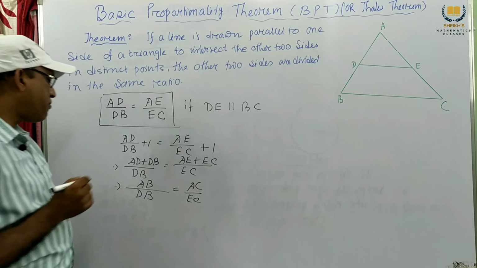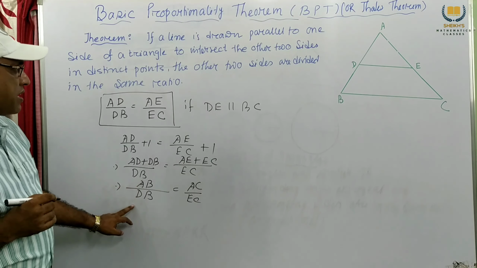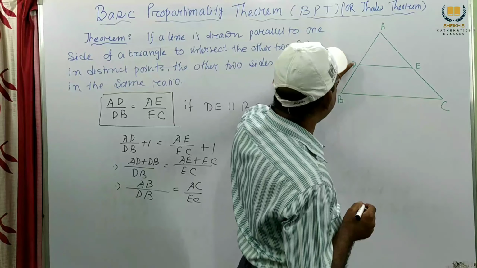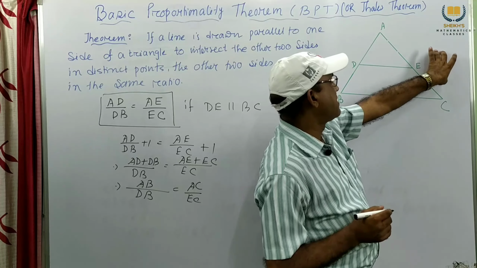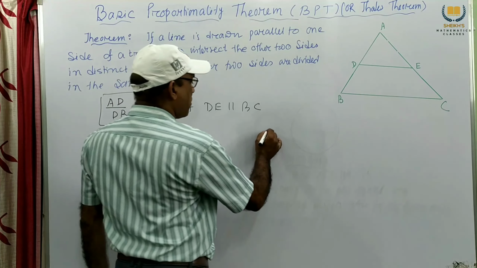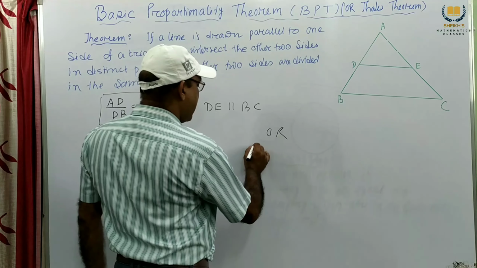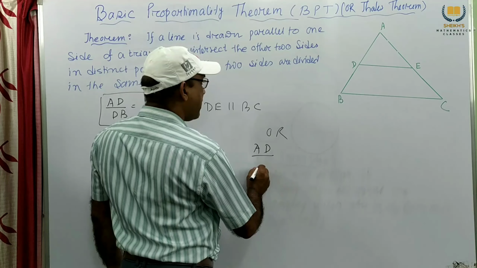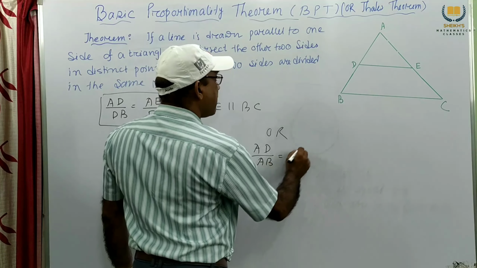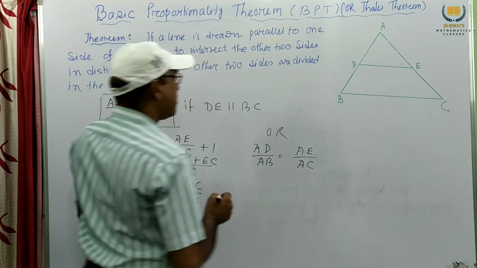So we get another formula also. AB by DB equals AC by EC. We can write this, or we can write AD by AB equal to AE by AC.